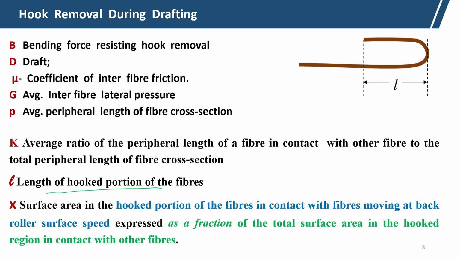So, x is the surface area of the hooked portion which is actually in contact with the fibers moving at the slower speed, expressed as a fraction of the total surface area of the hooked portion in that region which is in contact with other fibers.